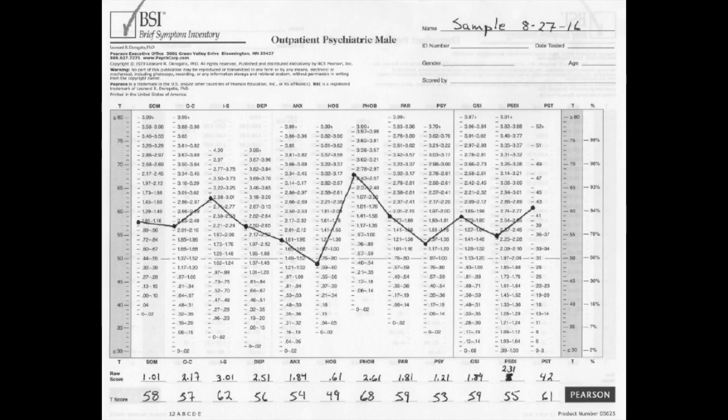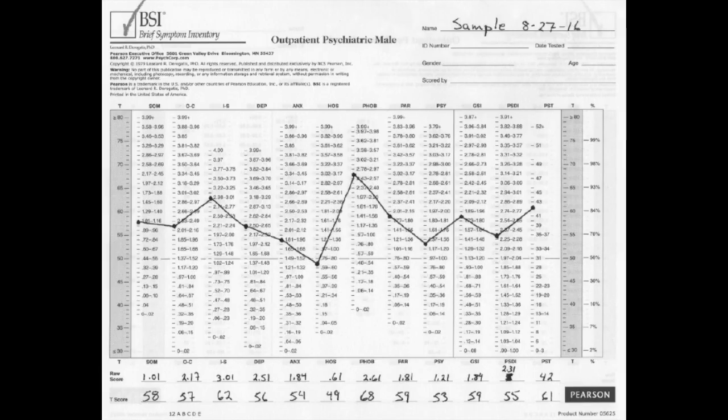You got it. Now, we have this sample BSI profile here, an outpatient psychiatric male. Can we walk through that to see how this looks in practice? Yeah, absolutely. Let's look at the raw scores first. These are the initial calculated scores before comparison to the norm group. Okay. So for this individual, SOM is 1.01, OC is 2.17, IS is 3.01, DEP is 2.51, ANX is 1.84.